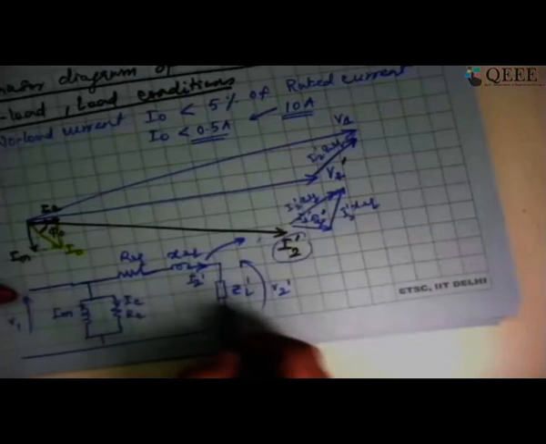If you may recall, this is my I2', which is specified by this black color vector. Now, whatever is the drop that has taken place in R equivalent and X equivalent, that is specified by this. Now, when I add this to V2', I am getting V1.